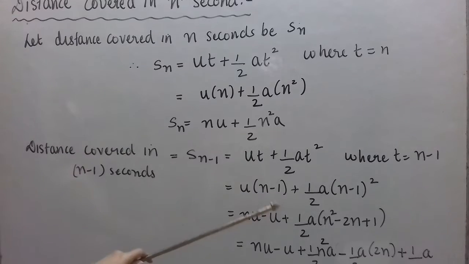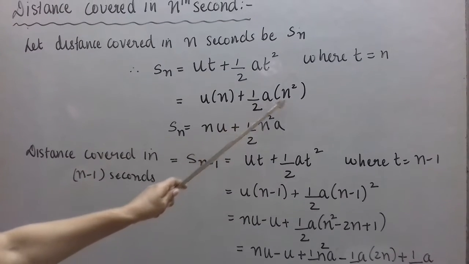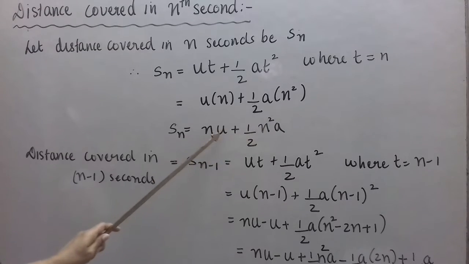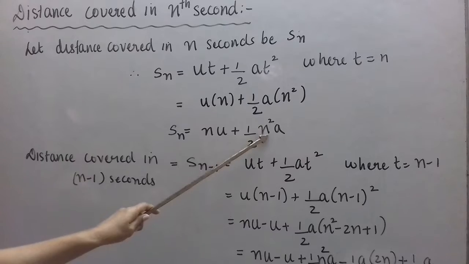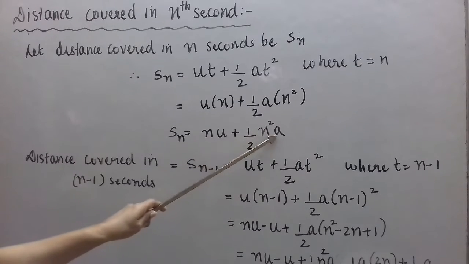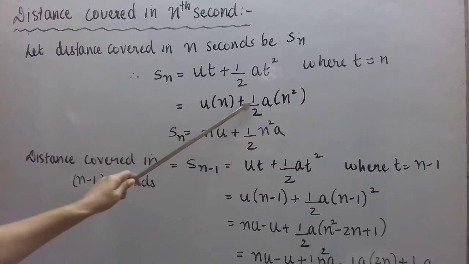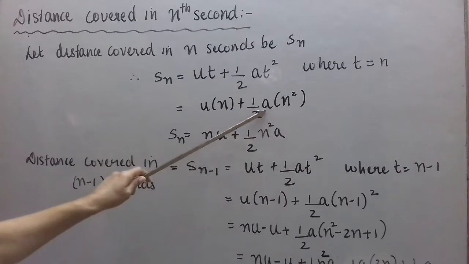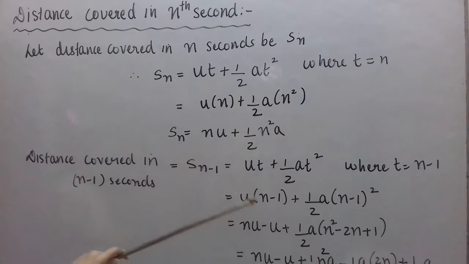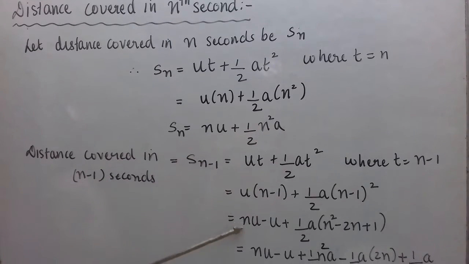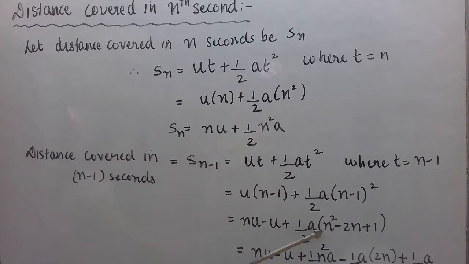Yes students, sorry, here it was un plus half an square, so it has to be nu plus half n square a, and by mistake it was initially written as half an square. So just remember, Sn is nu plus half n square a. Okay, so make the correction here. And similarly here, when we proceed, we get half a into n square.